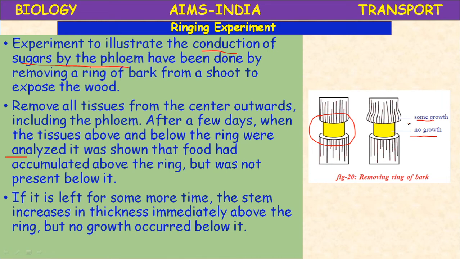Any damage to the phloem all around the stem will prevent the food from passing down to the roots, and the tree will eventually die. This is a fact of great economic importance, because certain mammals scratch the bark of trees to get the food stored in the phloem, especially during hard winters when food is scarce.